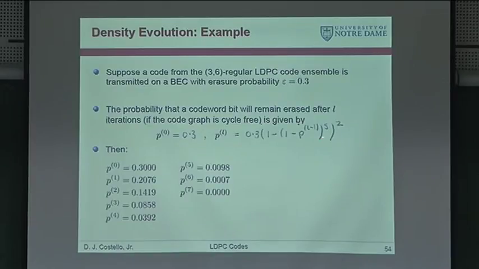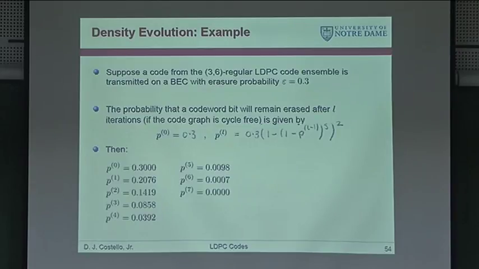So we just compute them iteratively. We start out with P0 and recursively go through this equation, and these are the numbers we get. We can see that after 7 iterations, at least to 4 significant figures, that's never going to be truly 0. So it depends how reliable you want to be. This is a parameter you can set when you do density evolution. You can set a desired error probability that you're shooting for.